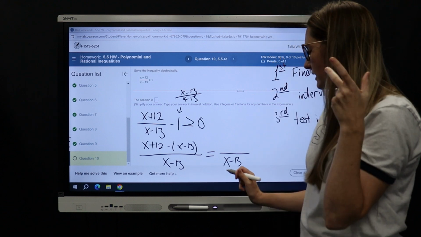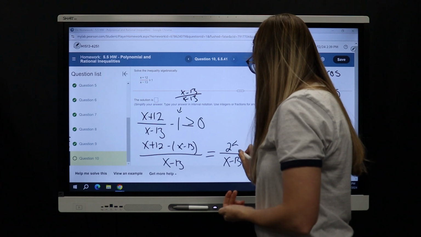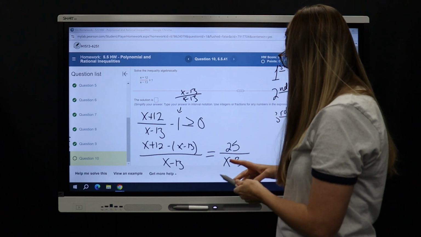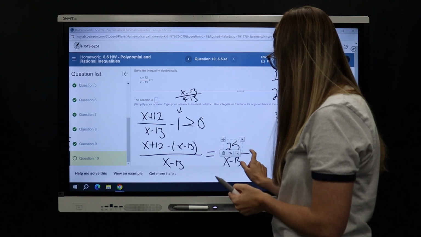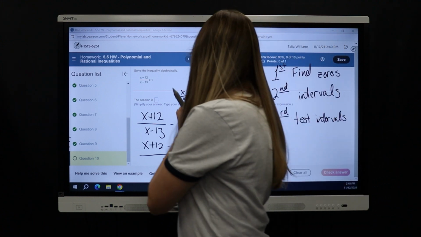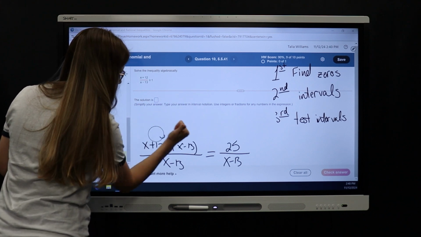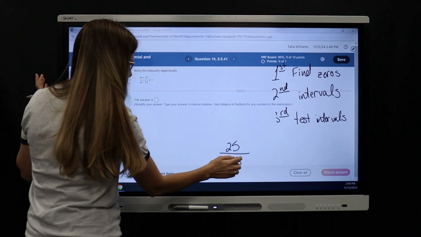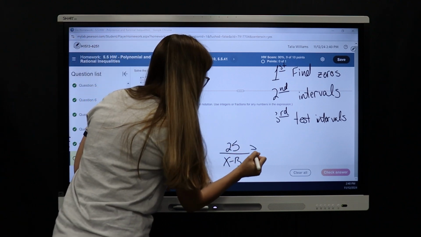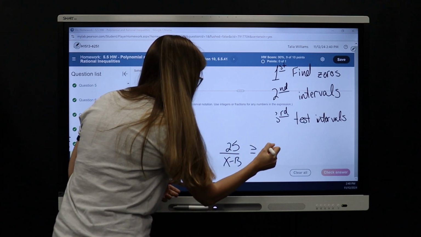When you subtract a negative, you add it. So 12 plus 13 is 25. This is our expression now that everything is on the same side. And it's going to be greater than or equal to 0.